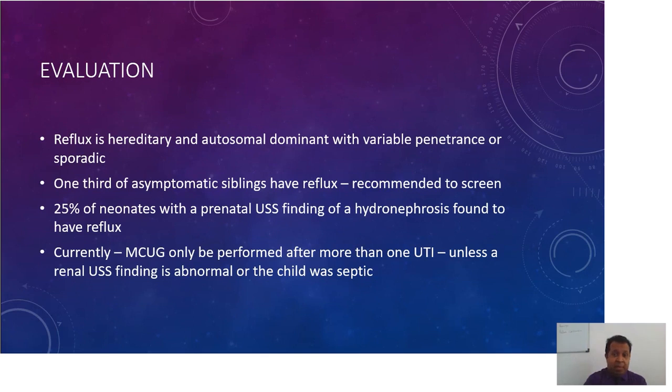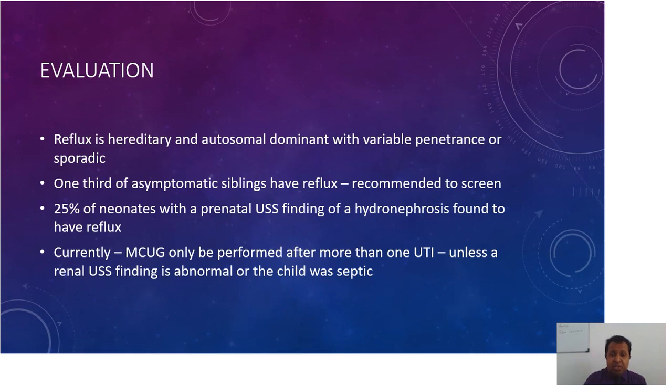One is variable penetrance, and variable penetrance means that the child can have the autosomal dominant gene but remain without any symptoms or any features of reflux. This is a feature of autosomal dominance and variable penetrance. Or this condition could be sporadic too, meaning that it can present without any genetic basis.